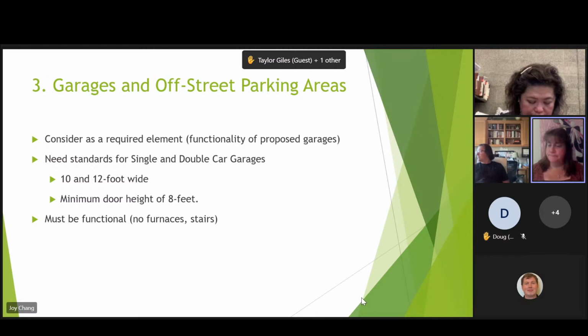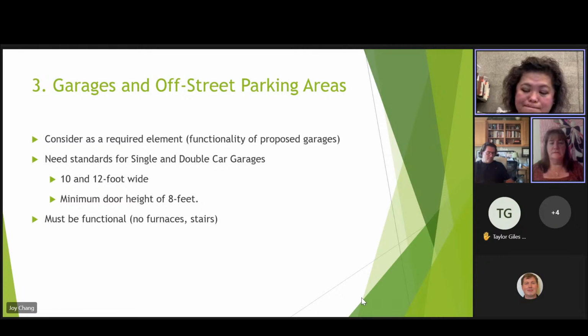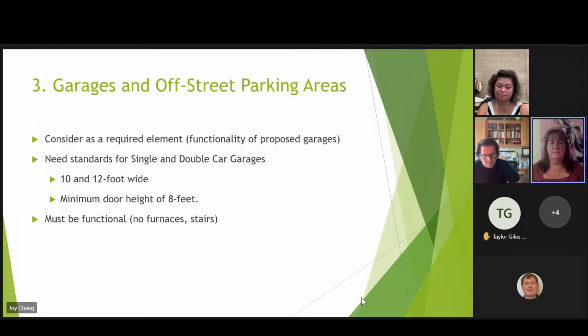Commissioner Giles? So is this also where we would talk about possible requirements to have a 220 outlet in the garage for electric car charging, or fiber internet pulled to the house, or any of that kind of infrastructure? Or is it just the looks of the physical building? I don't know, Joy, are we in a single family residence going to be able to require that type of thing?